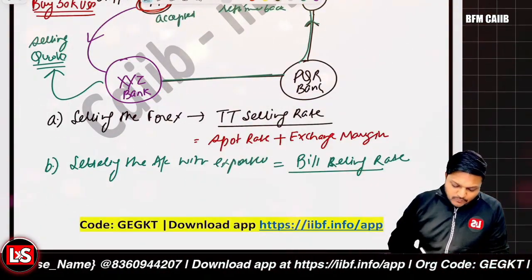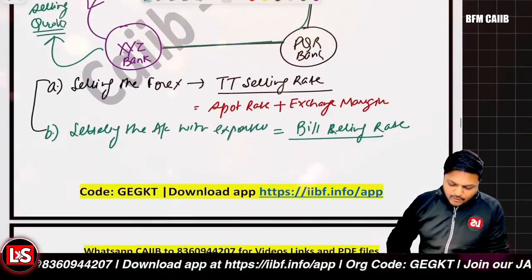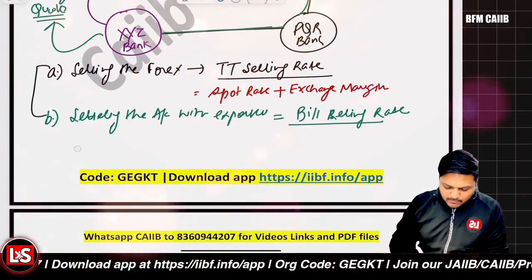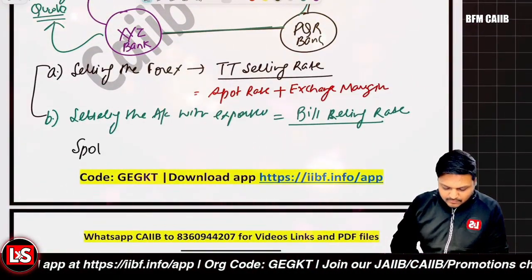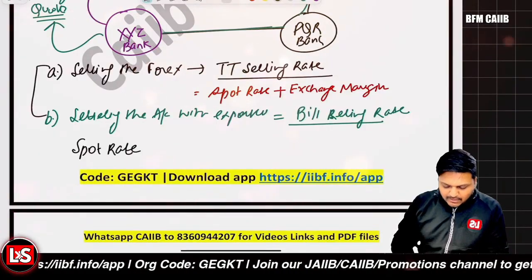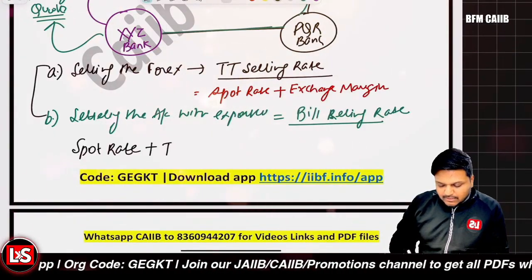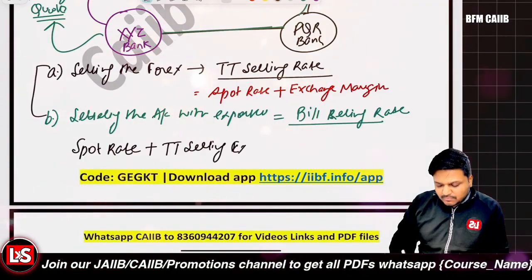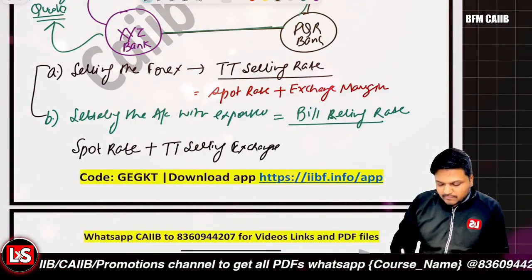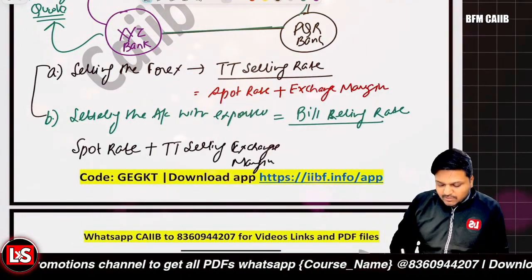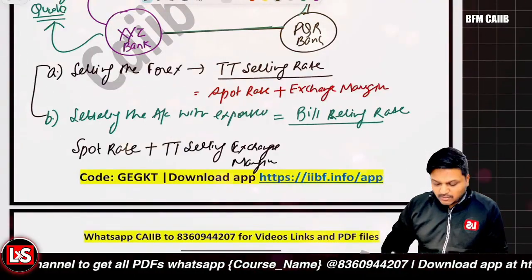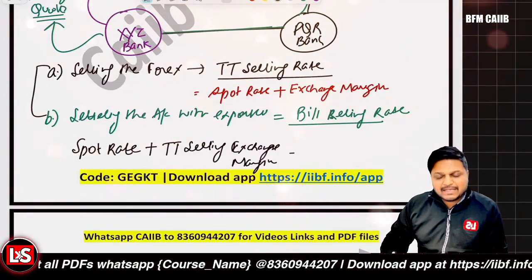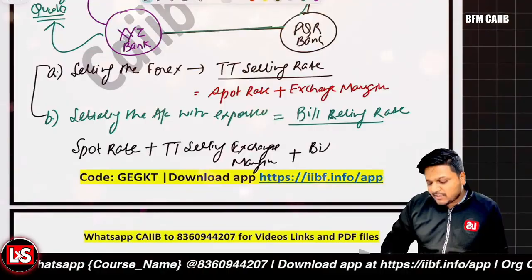So in this scenario, if we combine these two, what will be the formula? The formula would be the spot rate, plus the TT selling exchange margin, right? Because it was a TT selling exchange margin. Further, the bills selling exchange margin, because after that the account is to be settled.